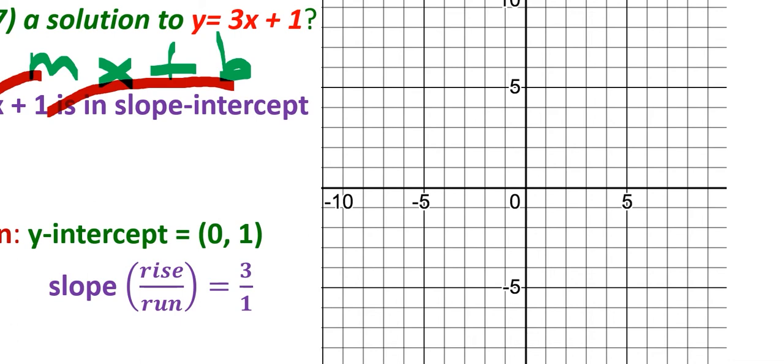So we are going to plot 0, 1 first. This is our 0, 1. Now we go up 3 using our slope. We go up 3 and right 1. Up 1, 2, 3 and right 1.